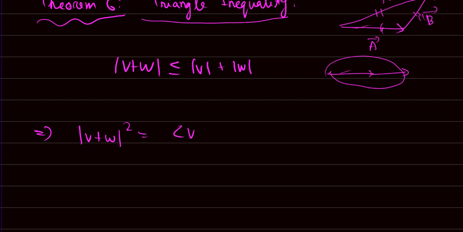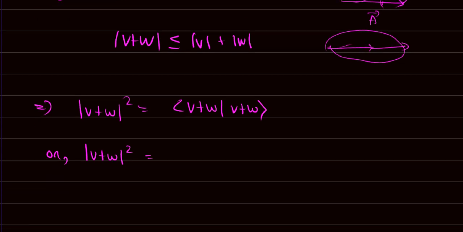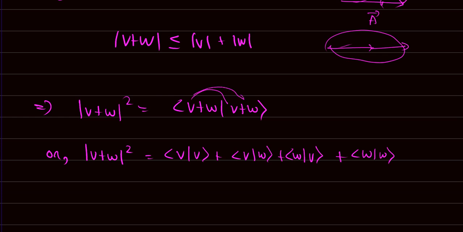We'll start by this. Let's take V plus W square equal to, we're just doing this one with this one, this one with this one.